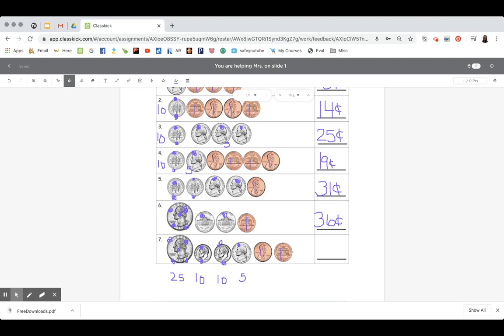So I will count this a couple different ways. First, I'll start with just the whole numbers. 25, 35, 45, 50, 51, 52. Or I can count by 5s and add 2 more at the end. 5, 10, 15, 20, 25, 30, 35, 40, 45, 50, 51, 52, and last but not least, my cent sign.